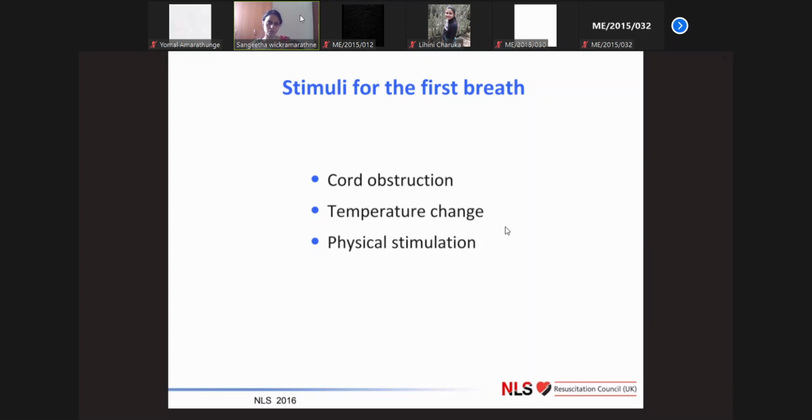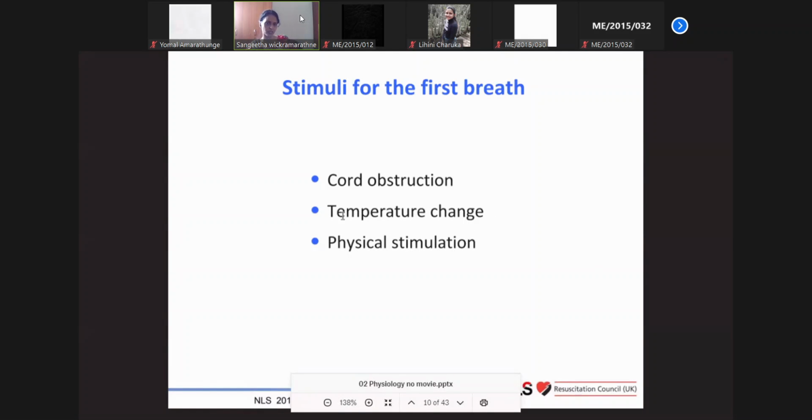When the cord is obstructed, carbon dioxide accumulates inside the baby's body because you can't clear the carbon dioxide and the metabolized products away from the baby's body, as the placental circulation is being obstructed. So the carbon dioxide will stimulate spontaneous respiration, and that will be a stimulus for the first breath.